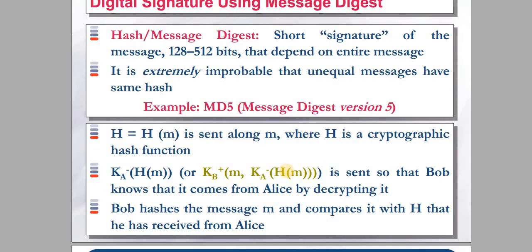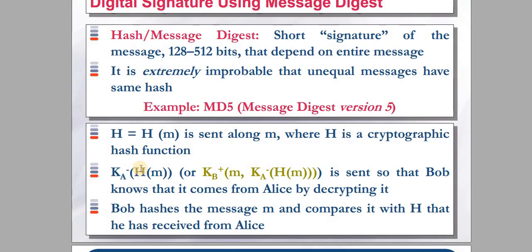If she wants to make the message content a secret as well, she uses Bob's public key to encrypt both the message and the signature, which is sent so that Bob knows that it comes from Alice. By decrypting it, Bob hashes the message M and compares it with H that he has received from Alice. He independently hashes the message using the same hashing algorithm which he shares with Alice.